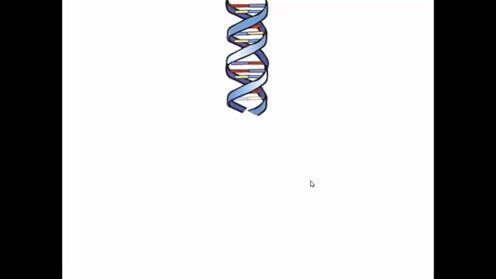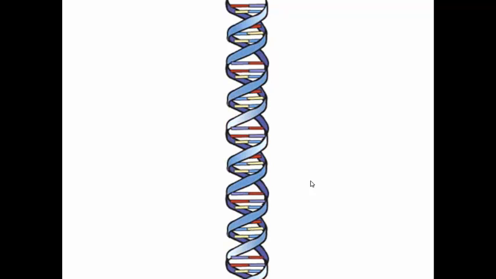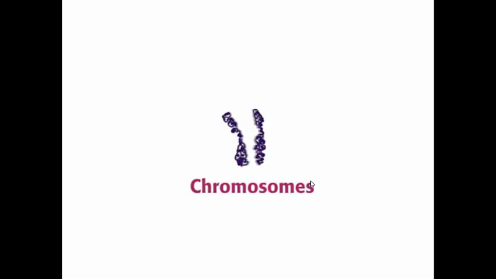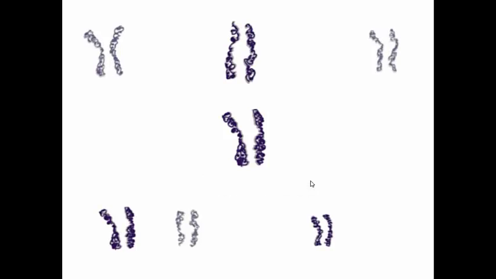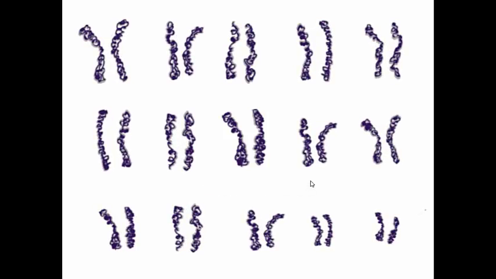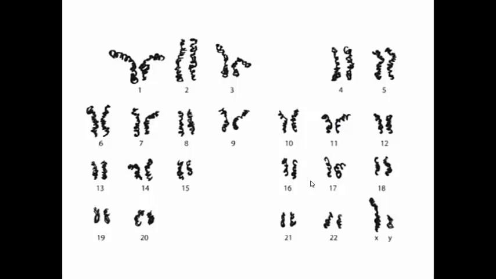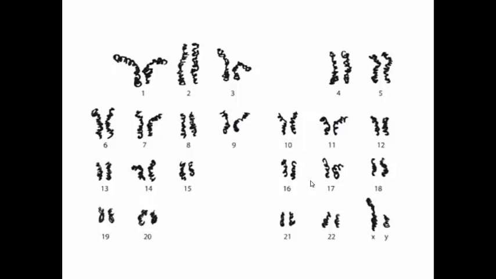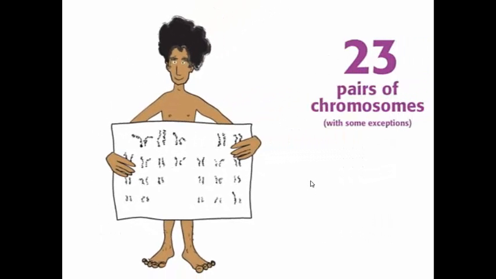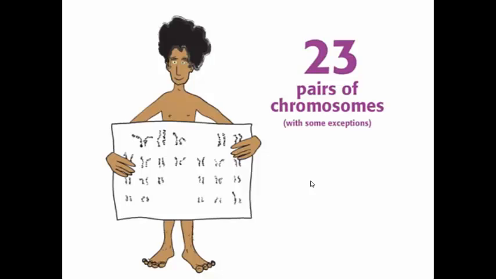The long molecules of DNA containing your genes are organized into pieces called chromosomes. Different species have different numbers of chromosomes. Humans usually have 46 chromosomes, 2 sets of 23, or simply 23 pairs of chromosomes.